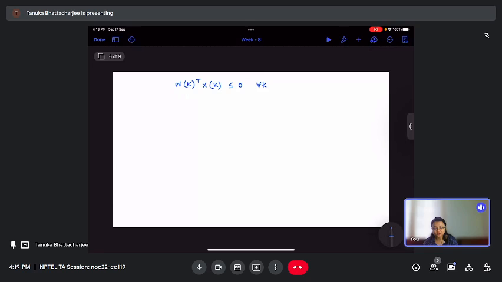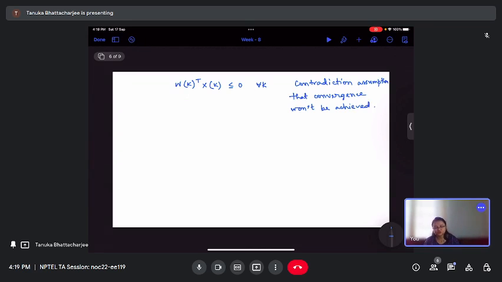So, this is our condition by the contradiction assumption, that convergence won't be achieved. Okay. So, this is your condition.